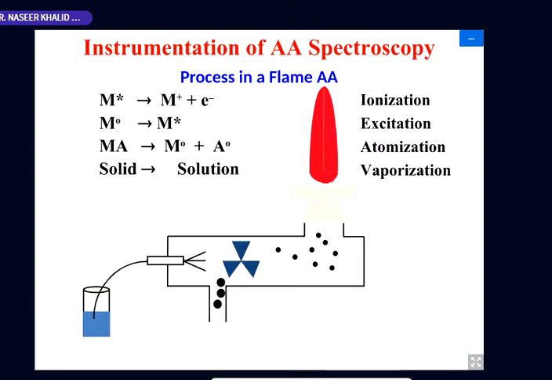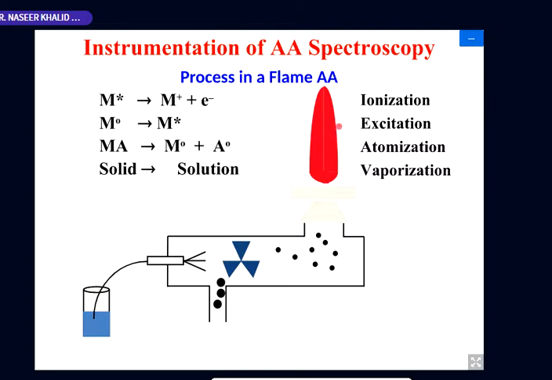It means that first one, the evaporation is there, from solution to solid, sorry, it should be solution to solid. Okay, the vaporization is there. And then the atomization is taking place. Now, this solid particle, MA, is converted to M0, that is neutral particle.